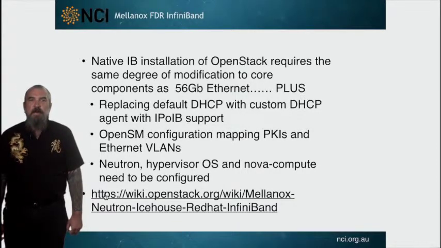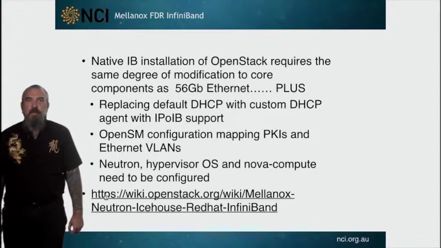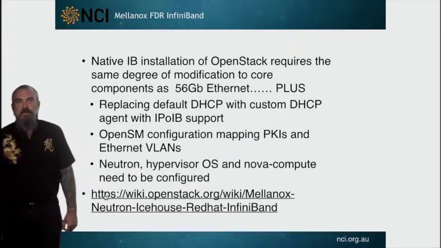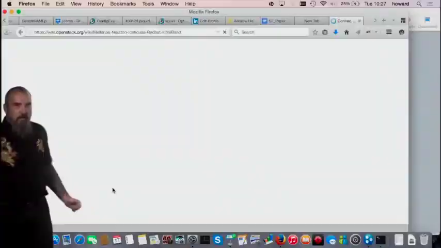The Mellanox FDR InfiniBand provides us native InfiniBand installation of OpenStack, which requires some degree of modification to core components in the same way as 56 gigabit Ethernet does, with the addition of replacing the default DHCP with a custom DHCP which supports InfiniBand, using the OpenSM configuration mapping of PKeys and Ethernet VLANs, and the Neutron hypervisor and Nova Compute also needed to be configured. Details on some of the configuration can be found here.